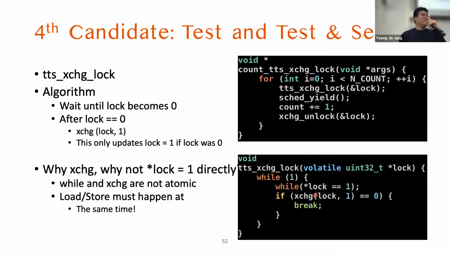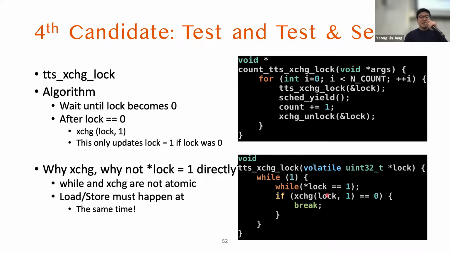Only after this thread observes the lock variable as 0, it will do exchange. The difference here is that in the bad lock, we previously just set the lock variable. But here, we use exchange, which is an atomic instruction, so that we can acquire the lock by running this.